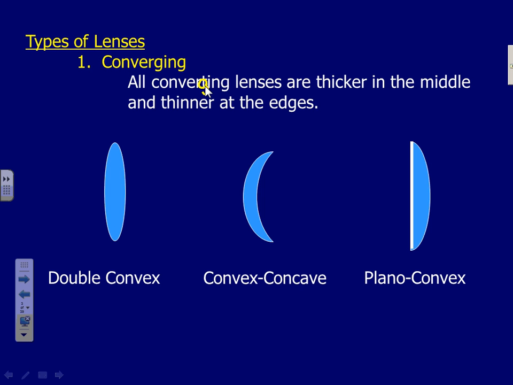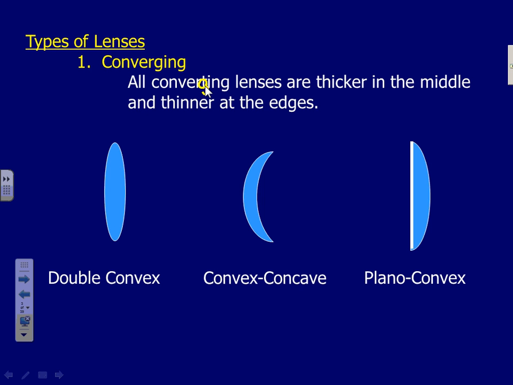Most people's glasses are like that, all right? So mine are converging, and you'll notice that they bulge out a little bit on the front because they have the curve of the frame, but then they curve in on the back, but in the end, the edges are thin and the middle is thick. That's what makes it converging.